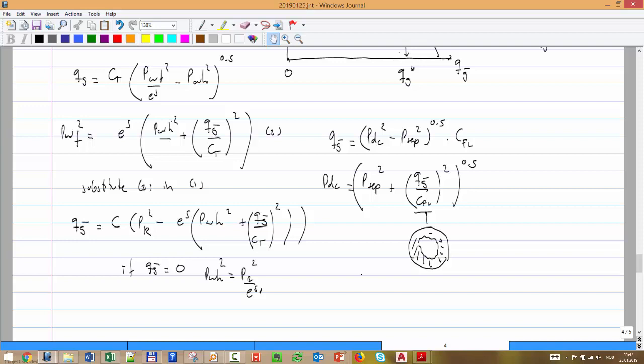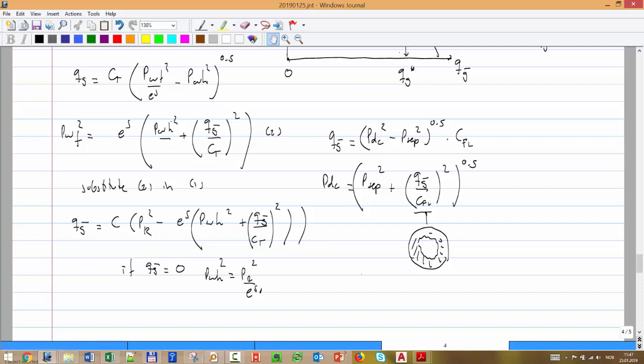Maybe if you change the formation, how can you change the C of the formation? Make it more productive? Fracturing or acidizing. How can it become less productive? You can have scaling, plugging, or coning, for example.